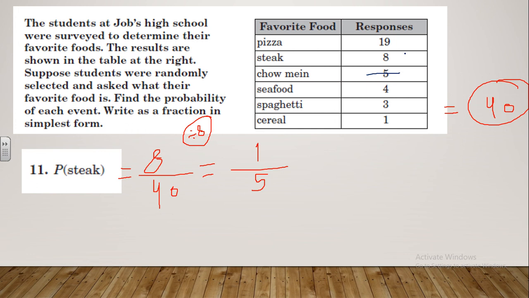He didn't tell you to find the probability of this, he told you it's not this. So you will cancel that and take all the numbers that you have: 19, 8, 4, 3, 1. So you will add all these numbers. Come on, I'll give you some time to try to find the answer.